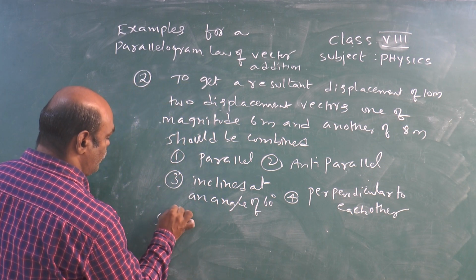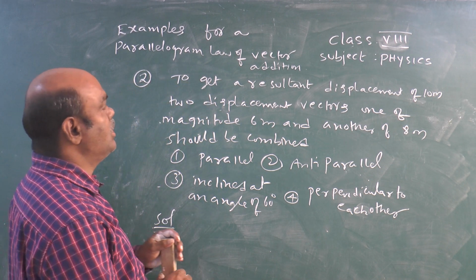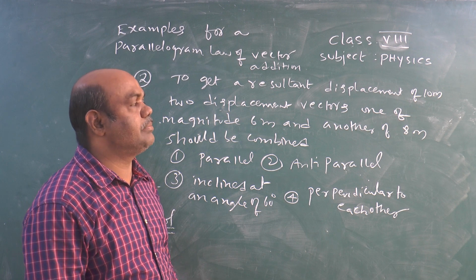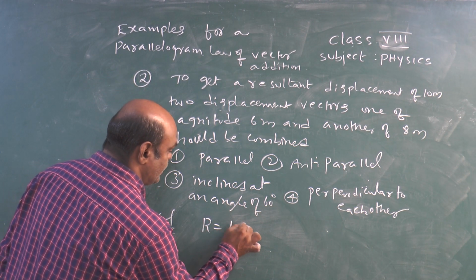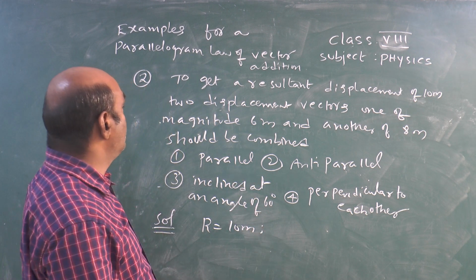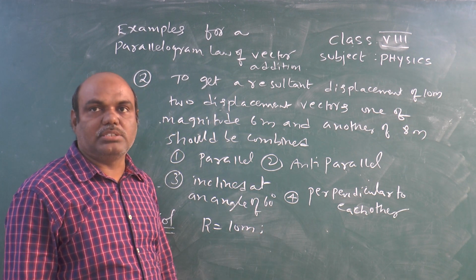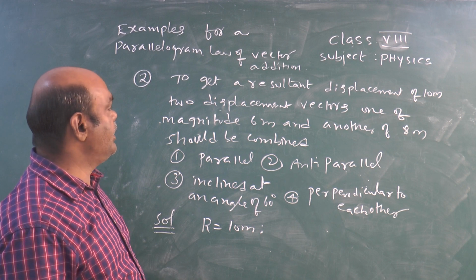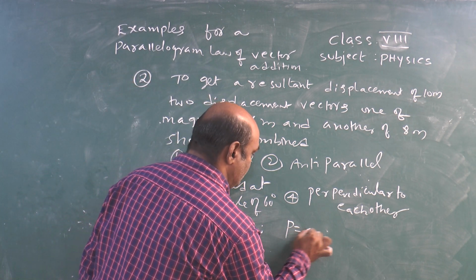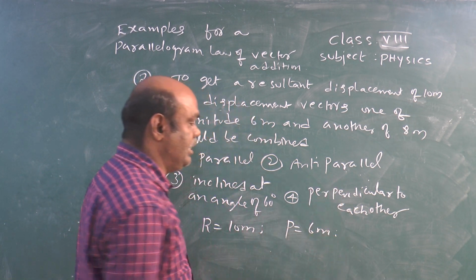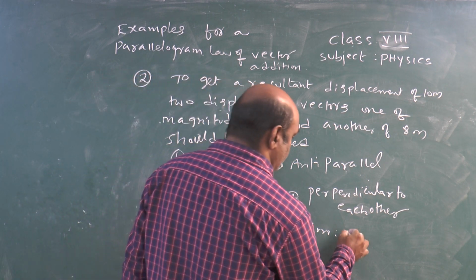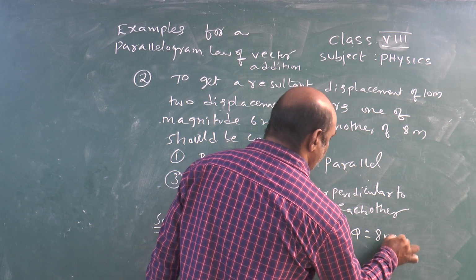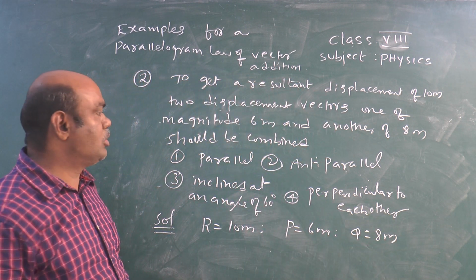Let us see what the problem is. To get a resultant displacement of 10 meter, the resultant value given is 10 meter. Two displacement vectors, one of magnitude 6 meter, so consider P equals 6 meter, and another of 8 meter, so Q equals 8 meter, should be combined.